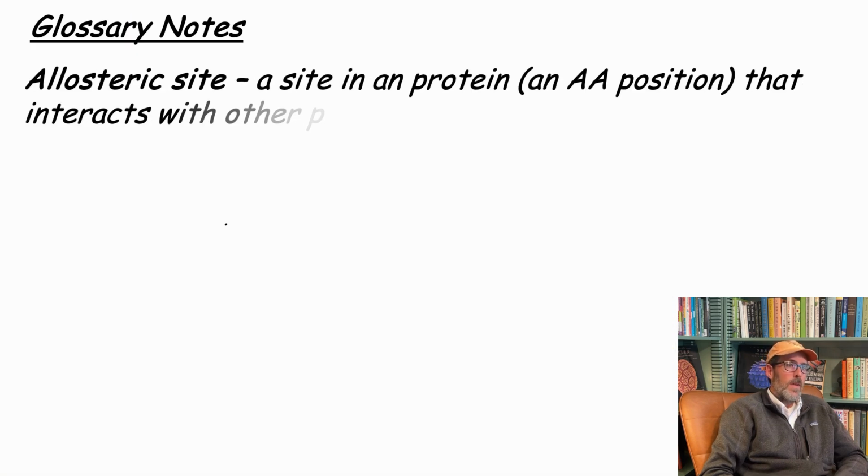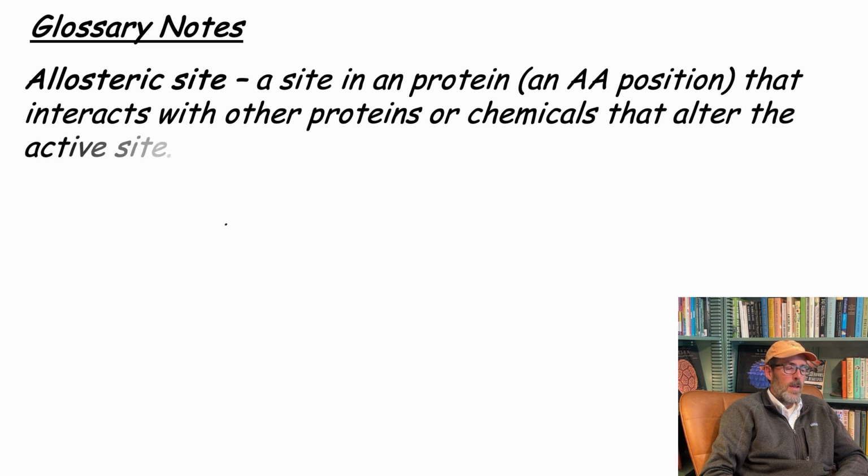Glossary notes here. This paper is going to involve allostery a lot, and the rest of this presentation involves the concept of allostery, so I thought it'd be important to define this before we even see it.